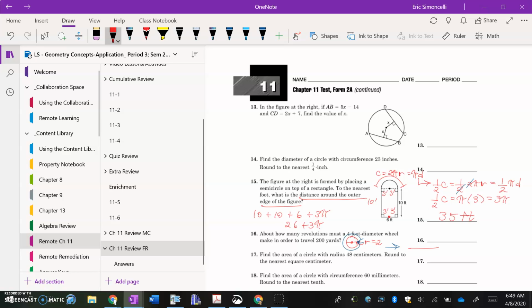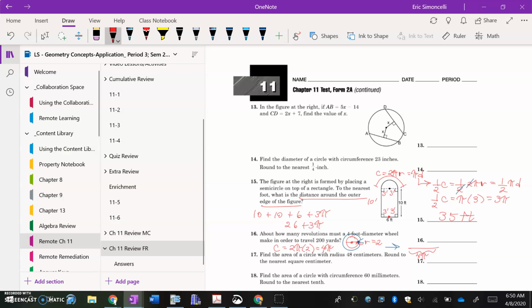Circumference is essentially the perimeter around the circle. And because we know the formula for circumference, we've got 2 times pi times 2, which is the radius, so that's simply 4 pi. This segment is 4 pi.